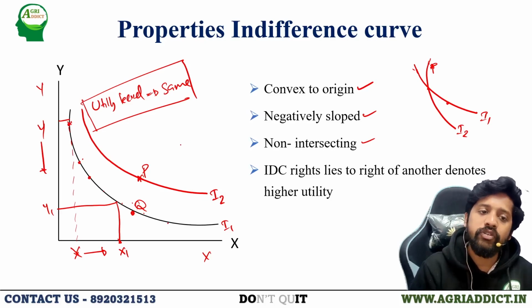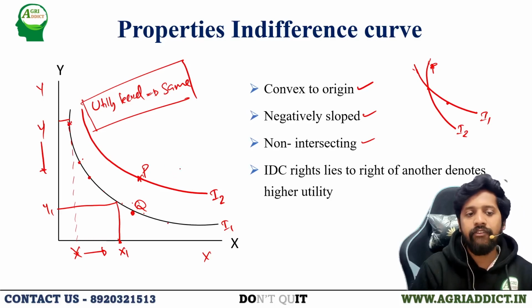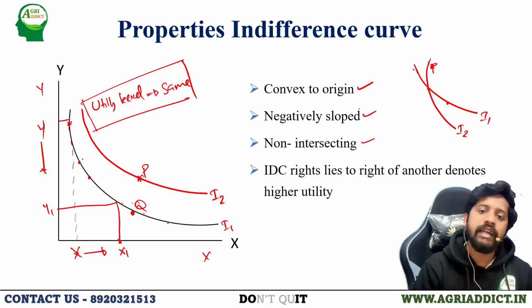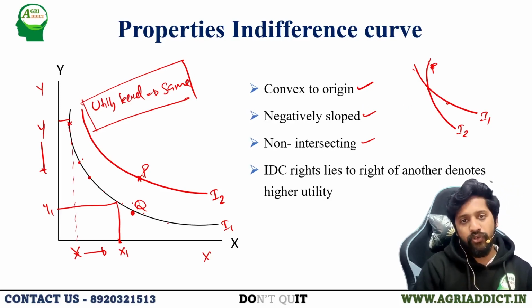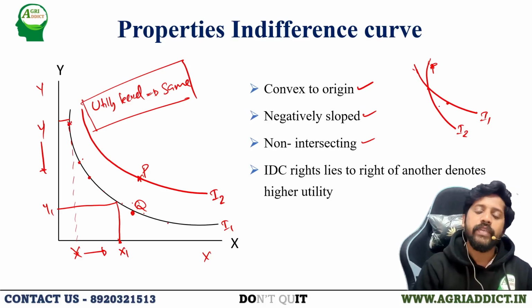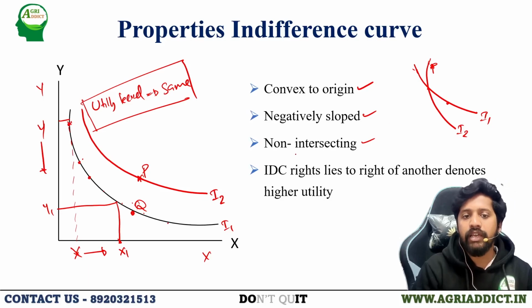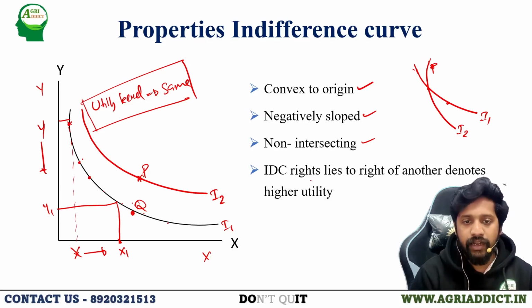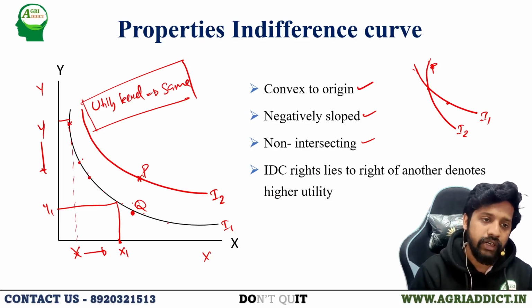We are assuming that on a higher indifference curve, the utility level will be higher, and if the indifference curves intersect, that assumption breaks off. So indifference curves cannot intersect each other, and an indifference curve which lies to the right of another denotes higher utility, that we have already seen.